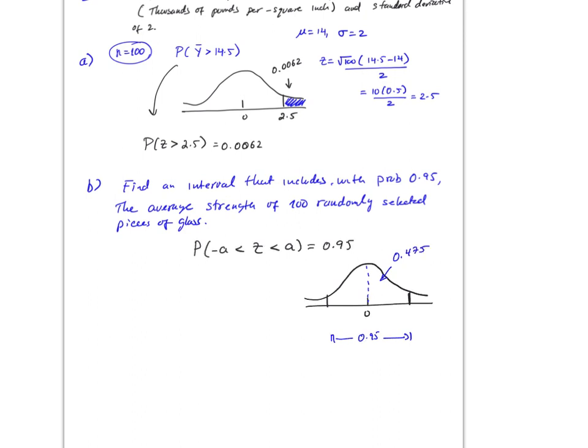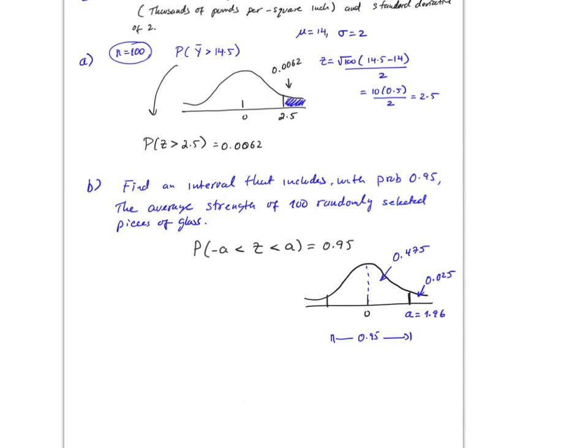And remember that the table will give you this value, and this value plus this value has to be 0.5. So therefore, this value here is 0.025. So that when you look to the table, that will give you a value of a of 1.96, which I believe we have done this before.